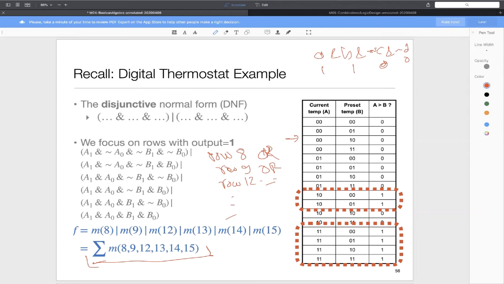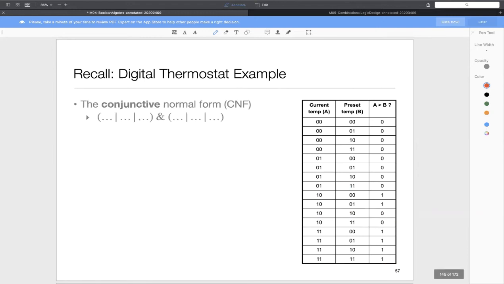So basically, going from truth table to DNF is very easy because you look at those rows where the output is 1 and then take the corresponding minterms. I can play the same game with conjunctive normal form. Remember, conjunctive normal form has max terms.